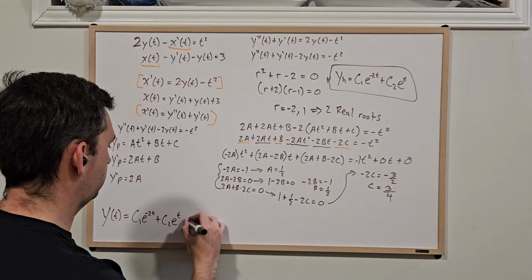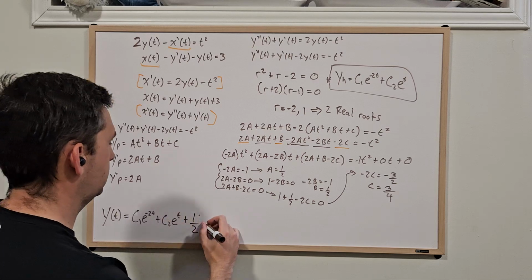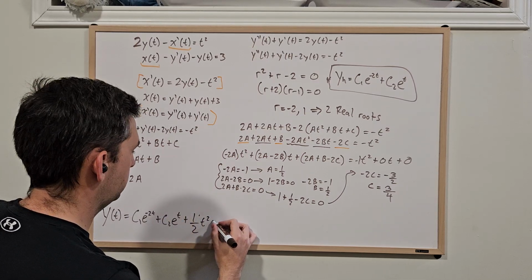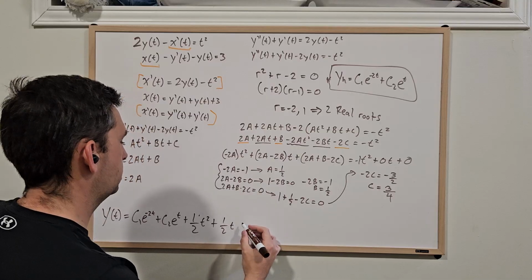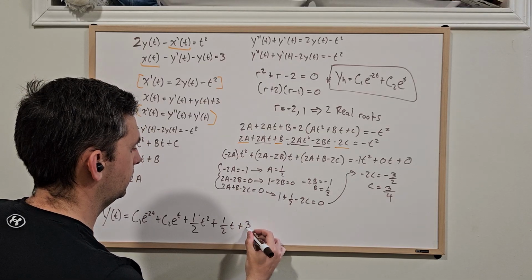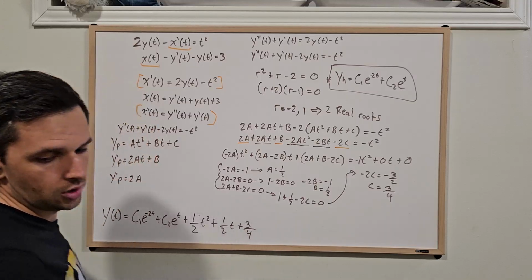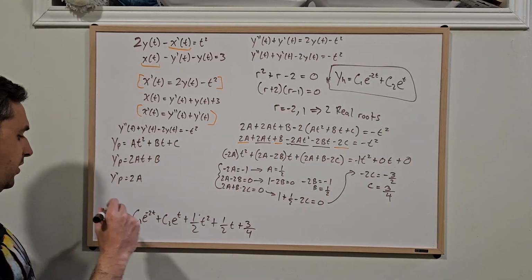Now, we have plus our a is 1/2, right? t squared plus our b is 1/2 t plus our c, 3 over 4. And this is your final solution right here.